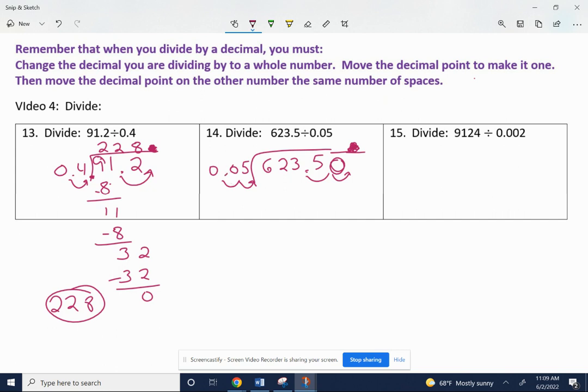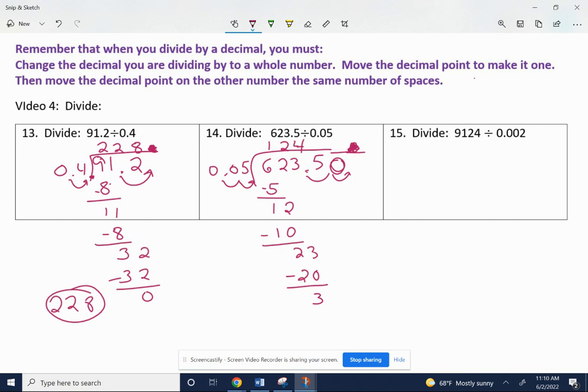5 into 6 goes once. 5 times 1 is 5. Take that 5 away, you get 1. Bring down the 2. 5 into 2 goes twice, because 5 times 2 is 10. Subtract, you get 2. Bring down the 3. 5 into 23 goes 4 times. 5 times 4 is 20.